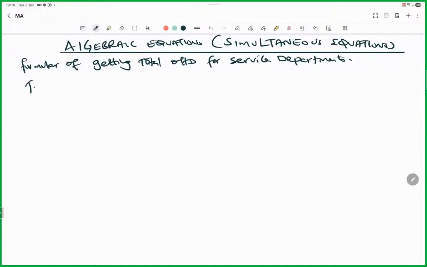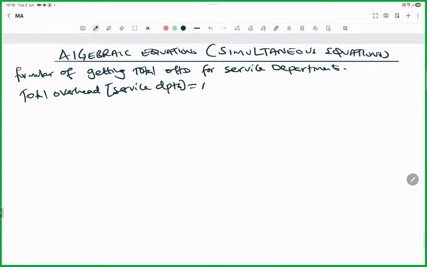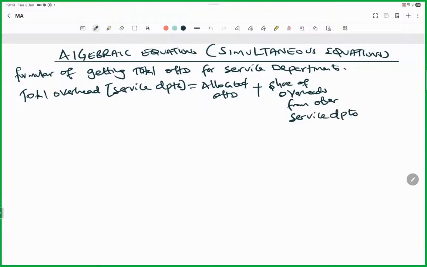And this total overhead will be equal to the allocated overhead plus share of overhead from other service departments.